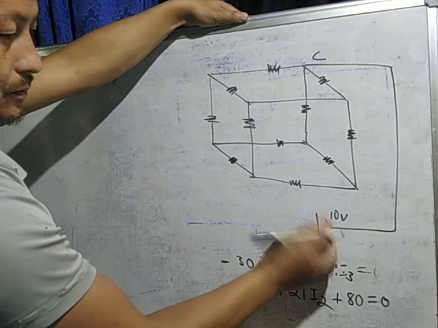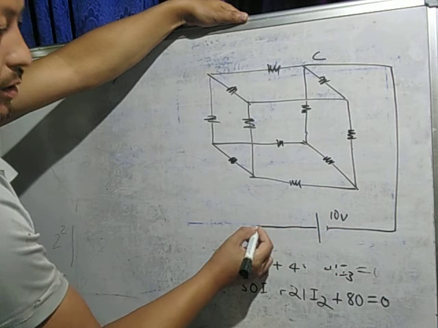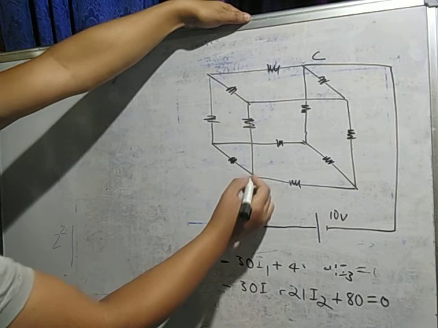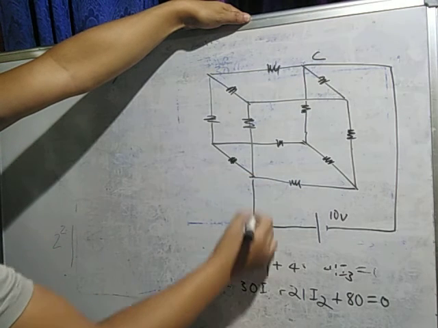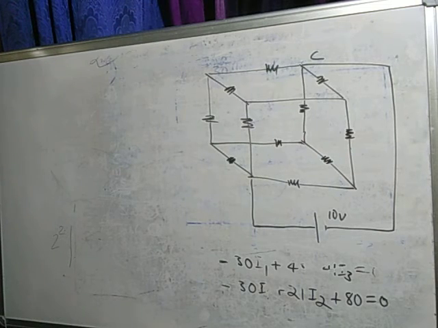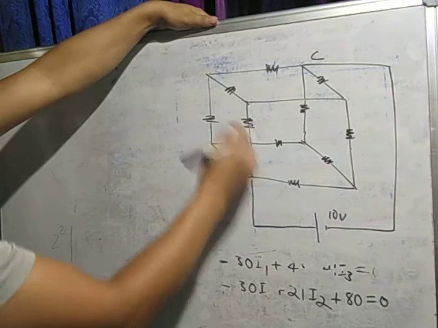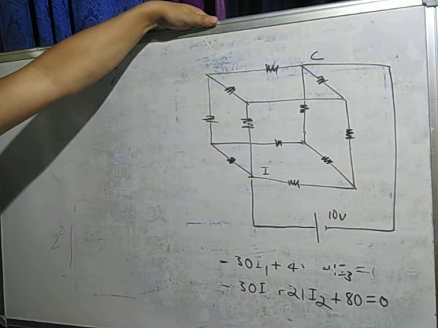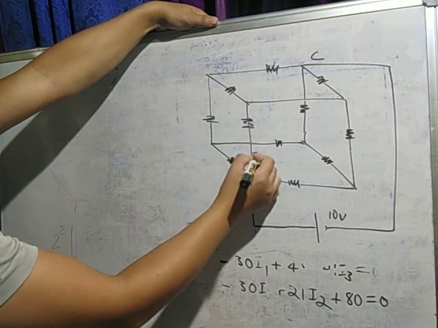And again with this one, anyone you can put. Why? Because this is symmetric. If you see this one, all the resistances are the same, so this gets current I, and this will also get current I. Why?